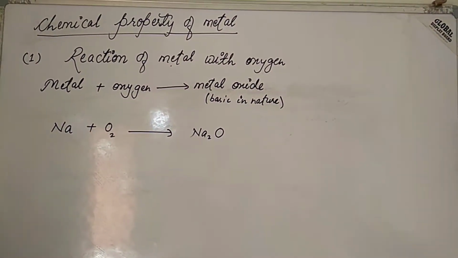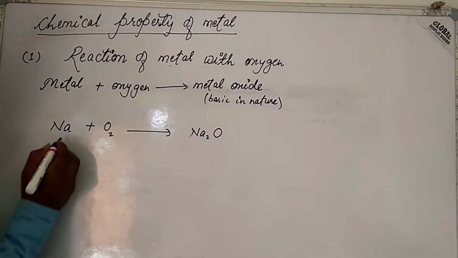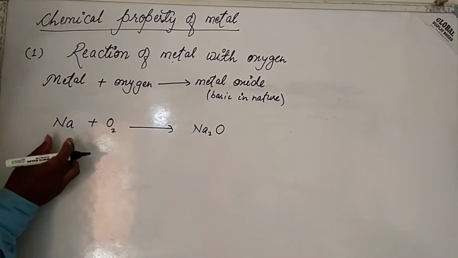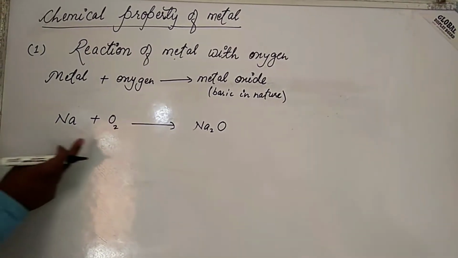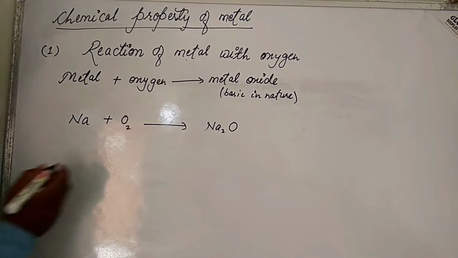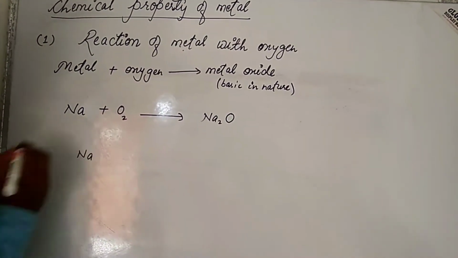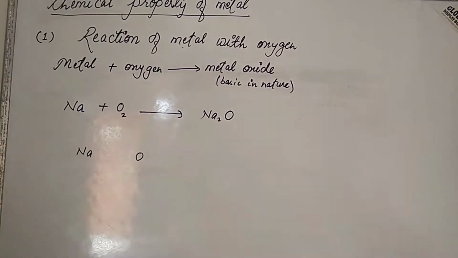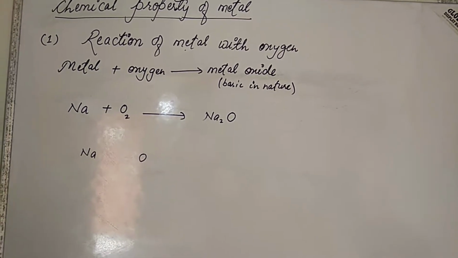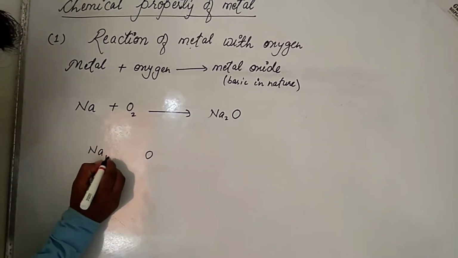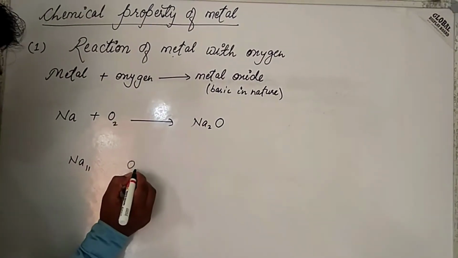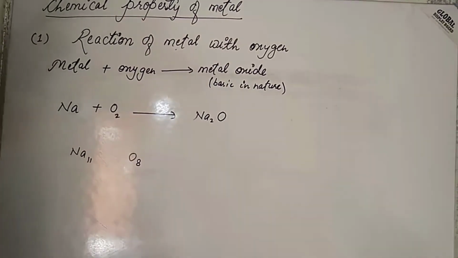First we have to separate which atoms are participating in the reaction: sodium and oxygen. Now the atomic number of sodium is 11 and the atomic number of oxygen is 8.